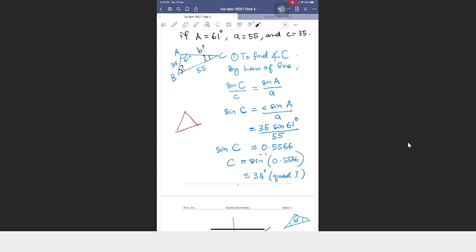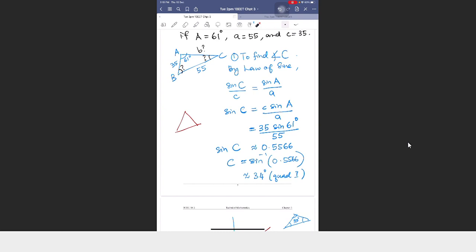At this stage, when you compute for sine, the value for sine is positive. The fact that sine is positive means that the angle can lie in quadrant 1 and quadrant 2. So for this case, you have to consider two angles, in quadrant 1 and quadrant 2.